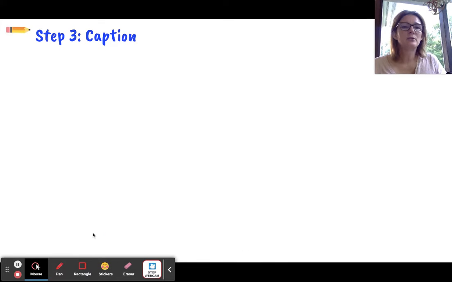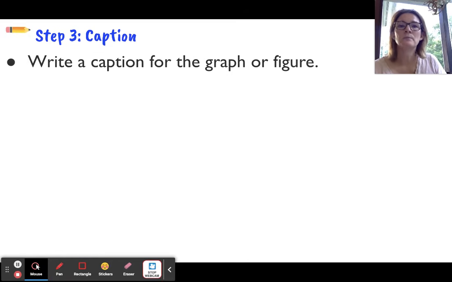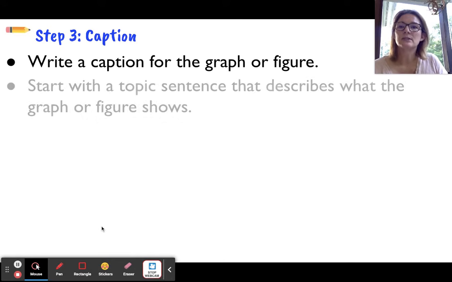Now we're at the third step, the caption. We've identified the patterns in the graph and interpreted what they mean. Now we have to weave it all together. Here are some tips on how to do that, and then an example. We're writing a caption.